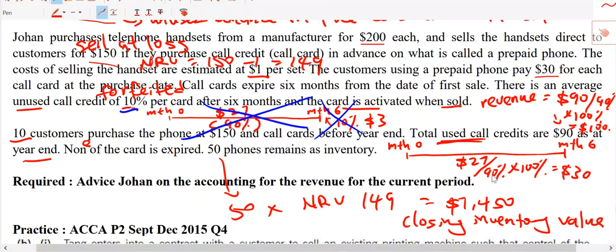The calculation can change a little bit. If the breakage is 20%, then we divide 80 times 100. If the breakage is 30%, then we divide 70 times 100, like that. It depends on the facts in the question here. So please update whatever writing you need to update on the question. Think about it.